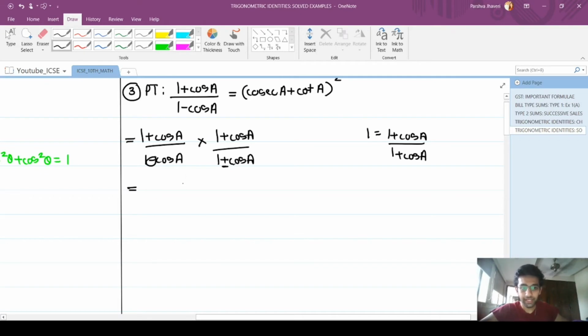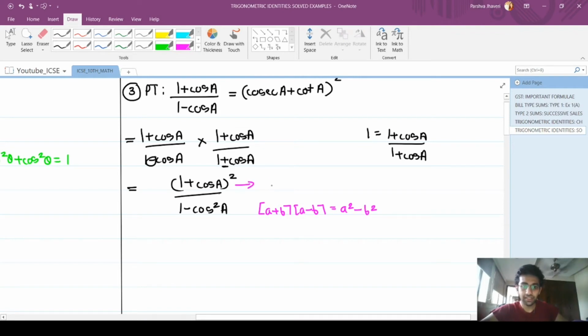And now it becomes pretty easy. You get (1 plus cos A) whole square upon (1 minus cos square A). How did I get that? This is because of identities. (a plus b) into (a minus b) is nothing but a square minus b square.